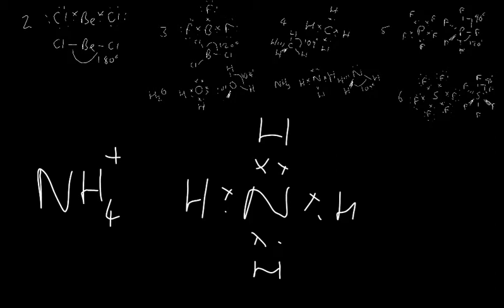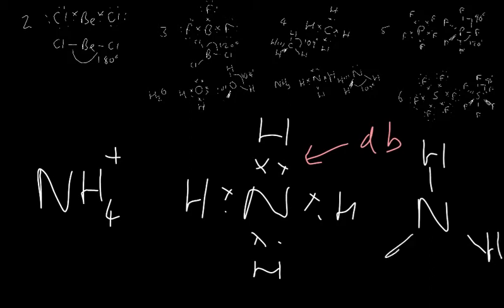So we can stick on there, and this one here, that is a dative bond. DB stands for dative bond, and that gives us a pure tetrahedron for an ammonium ion. So that's 109 degree bond angle.